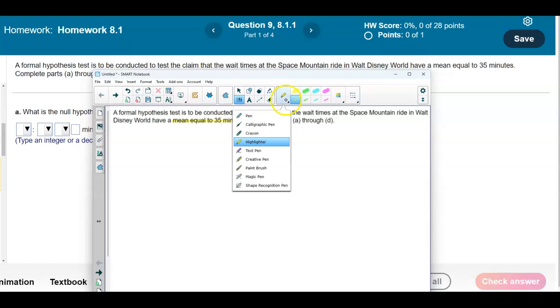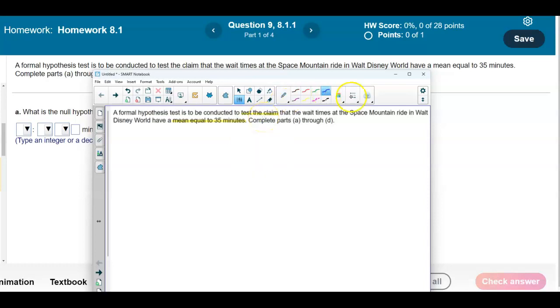In order to figure out the claim, we need to write down what it's asking us. The claim says that the mean, which is represented by mu, is equal to 35 minutes.